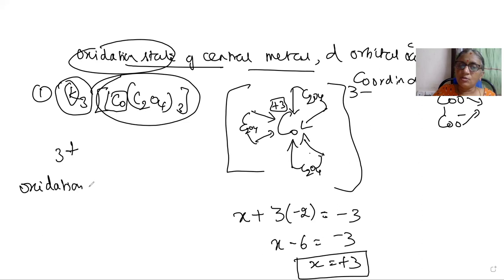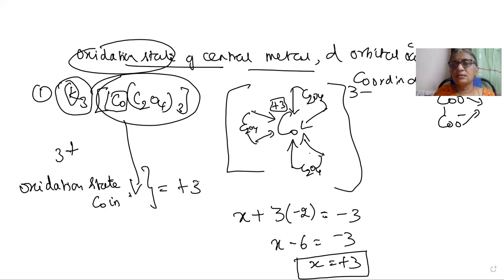Oxidation state of cobalt in this complex is plus 3. And what is the d orbital occupation? See, the oxalate ion is a strong ligand.